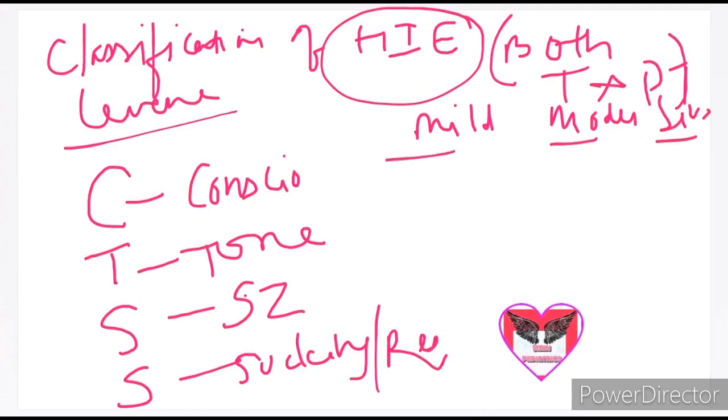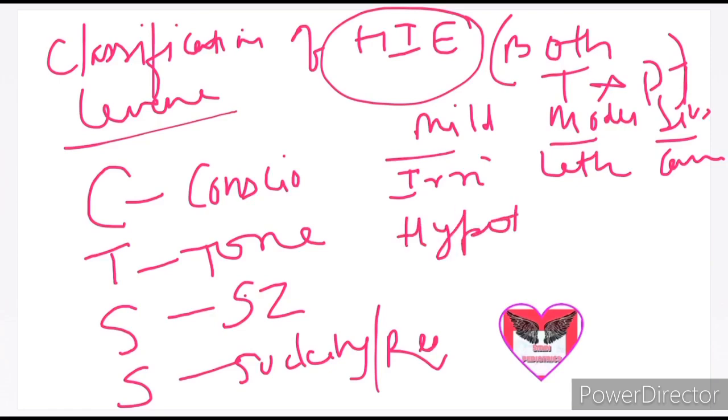In consciousness, in mild case we have irritable, in moderate we have lethargy, and in severe we have comatose. Tone: in mild we have hypotonia, marked hypotonia in moderate, and severe hypotonia in severe HI.